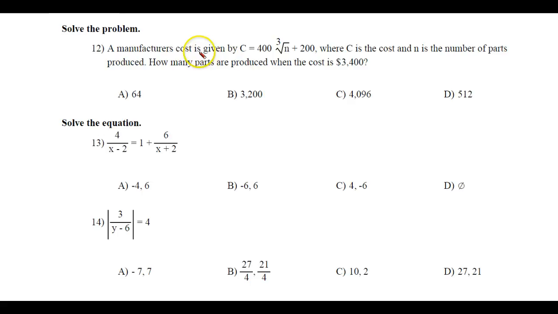In number 12, they're giving you this radical equation, telling you that this is the cost, and it's this. So to solve for the letter N, we would substitute this.